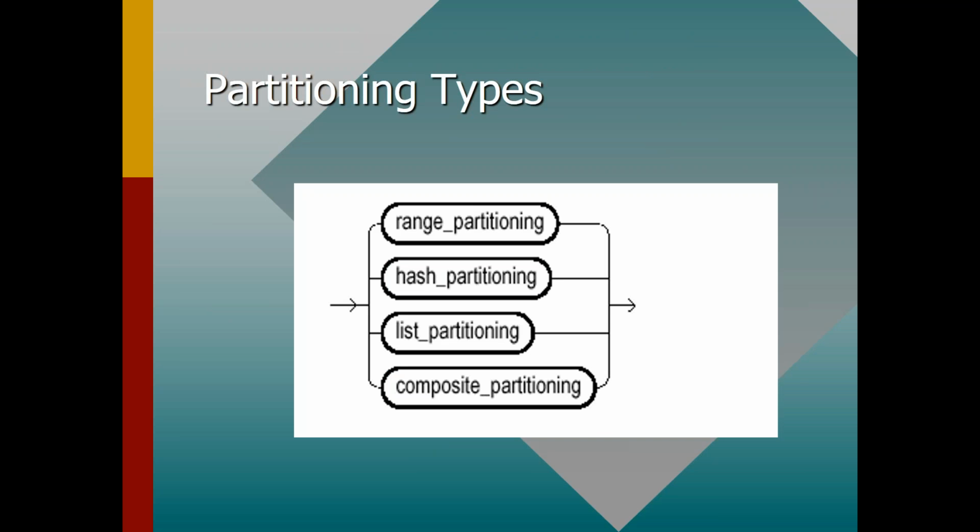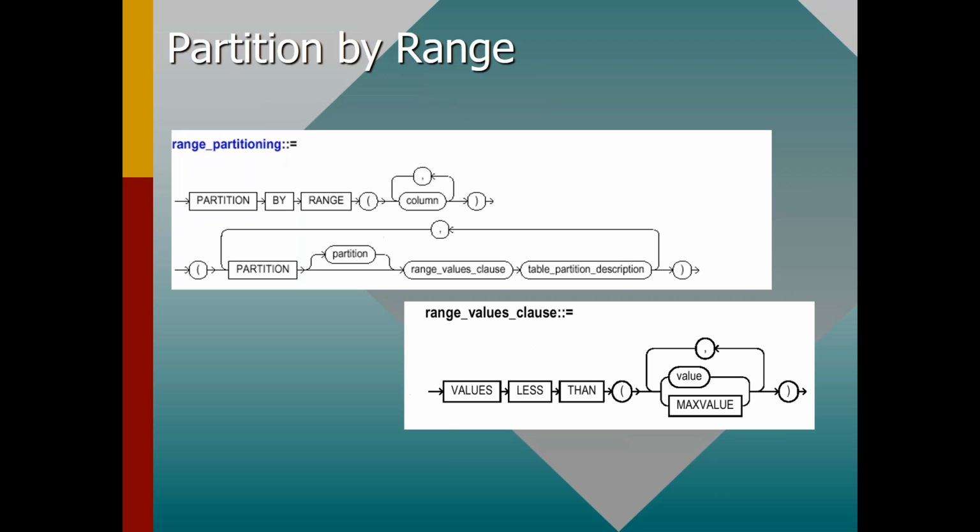So we talk about these different types of partitioning that you can look at for Lab 7. We have three basic ones: range, hash, and list. And composite is a combination of those. This is partition by range.